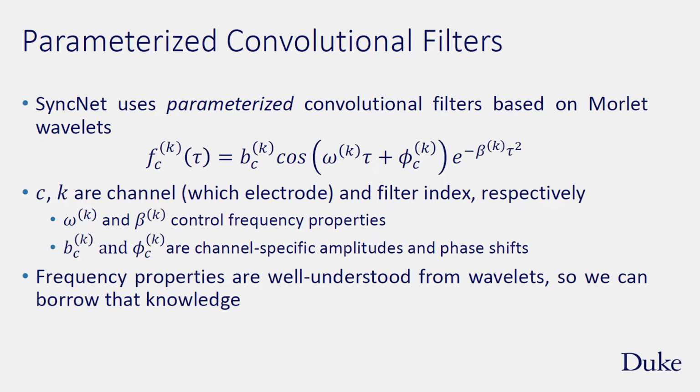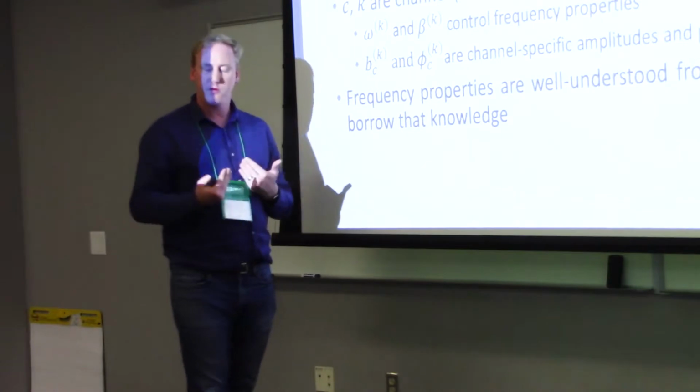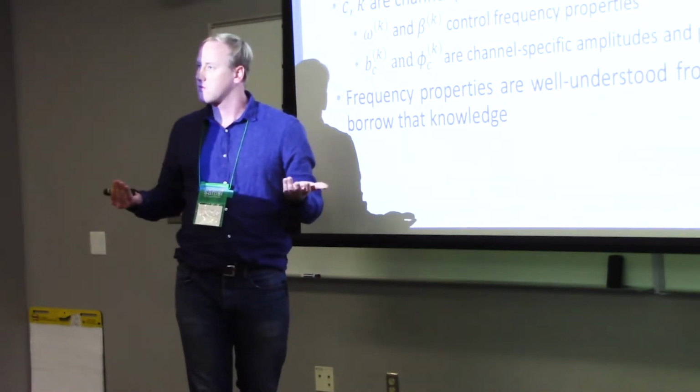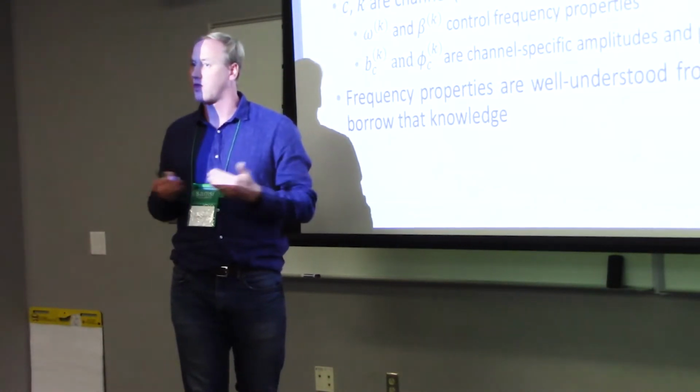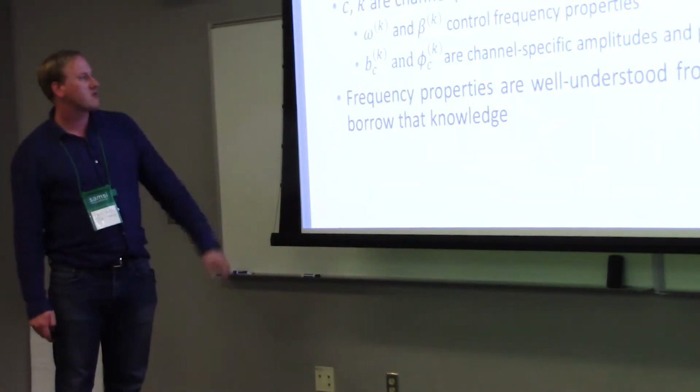And we can learn all these parameters: our weights, our frequencies, our phase offsets, and the beta that controls the width of your frequency band. It turns out this is actually not so bad, and we drastically reduce the number of parameters we have to learn compared to a classical CNN, where you completely set everything free. These frequency properties are well understood, so we just borrow that knowledge.